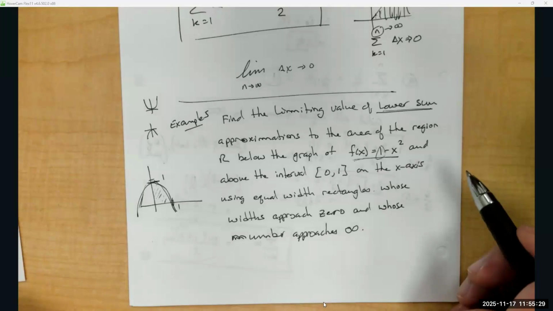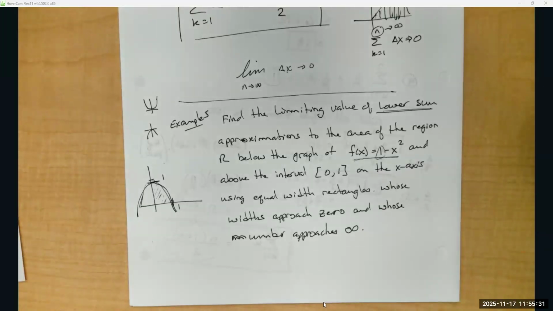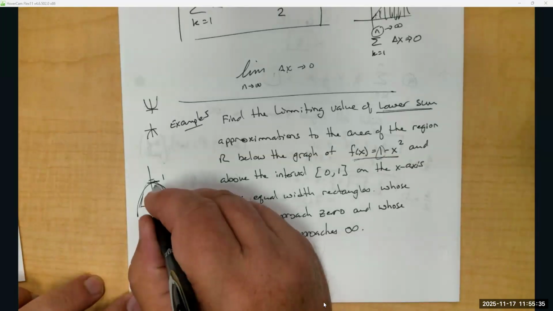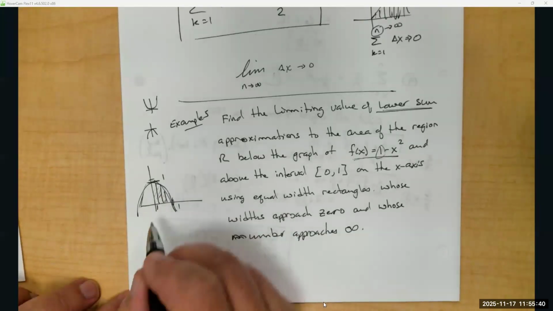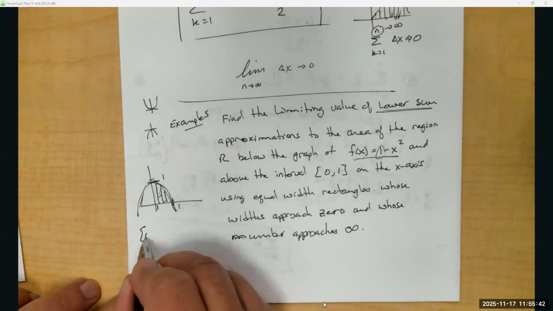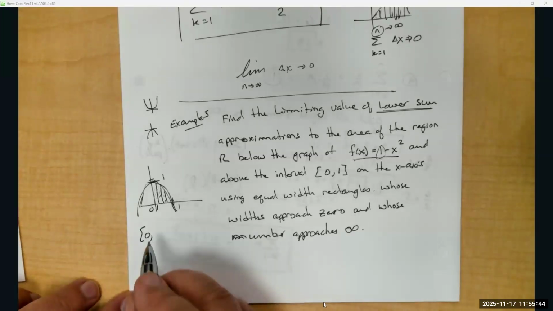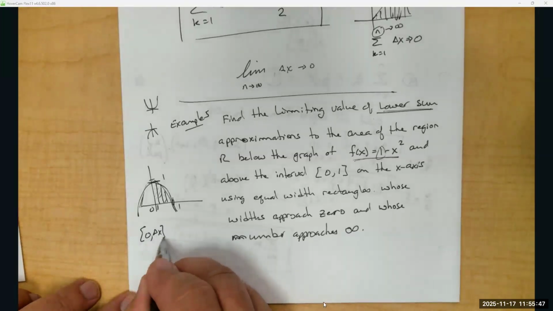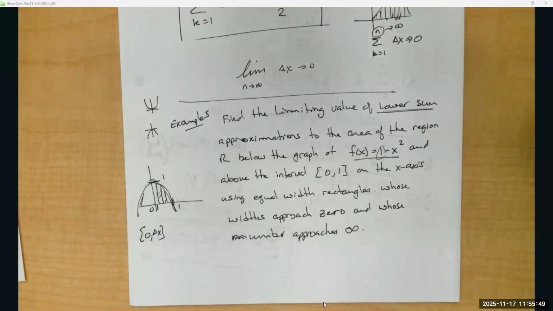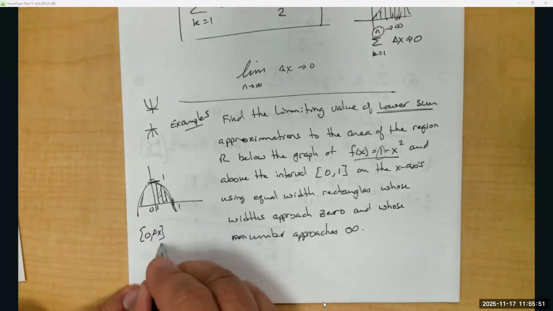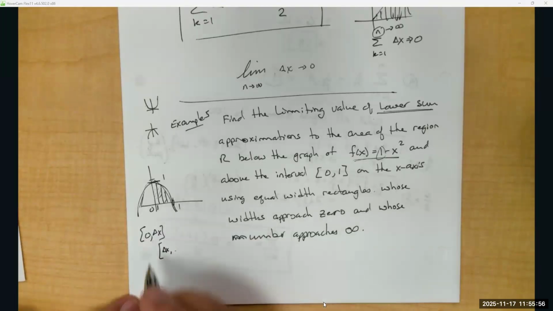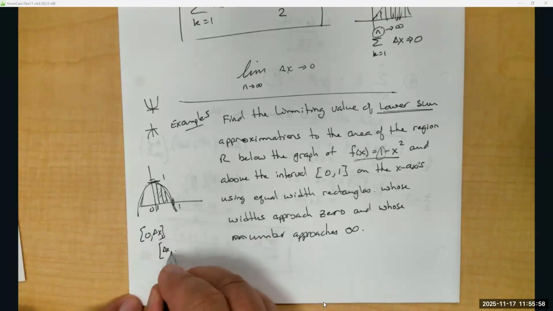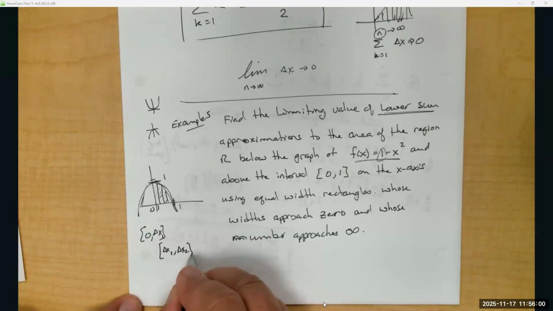So that means our input values will be on the side of the intervals. Each of these intervals starts off at 0 and goes to the first delta x. Then the next one starts off at delta x and then goes to the next point. This is delta x1, then it goes to delta x2.